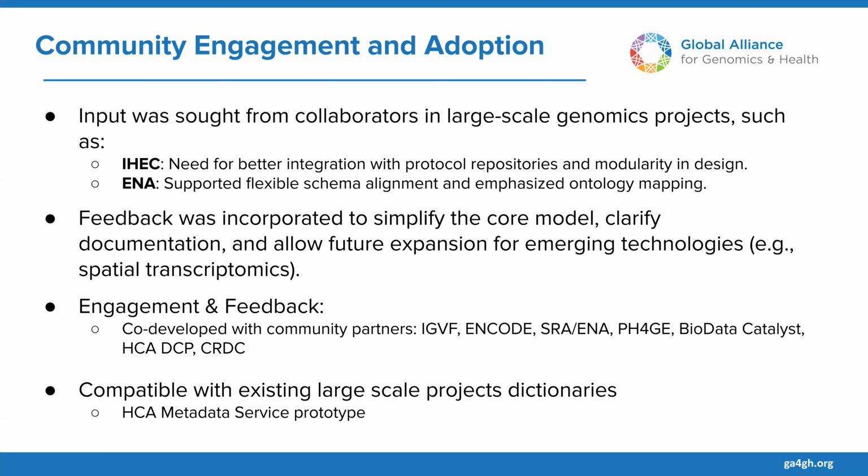For instance, recently we had an interesting discussion with the HCA and the effort that they've been doing on their side to try to standardize the way the experiment metadata is being captured. Interestingly, we did the things each on our side, and the conclusion is that the mappability between the two products is very high, and now we're working on filling the gap and seeing how we can work together for future steps.